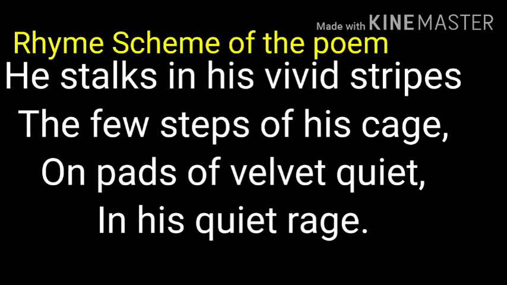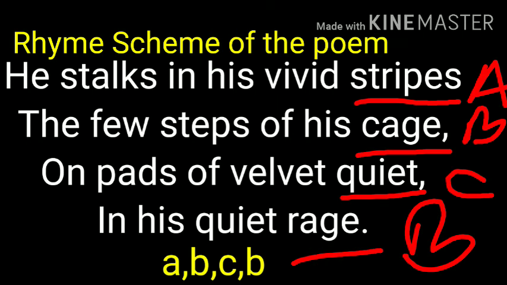First line, last word, strive, A. Second line, last word, cage, B. Third line, last word, quiet, C. Fourth line, last word, rage, I am saying it B. Why? Because cage and rage are rhyming. So cage is B and rage is also B. So the rhyme scheme is A, B, C, B.